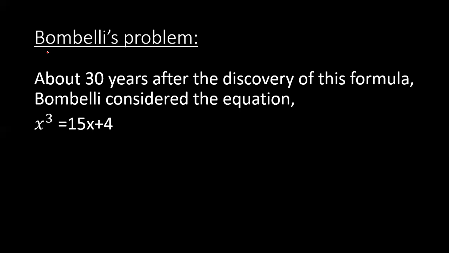Why is it called Bombelli's problem? Because about 30 years after the discovery of this formula, Bombelli considered a cubic equation of this form, where p equals 15 and q equals 4.